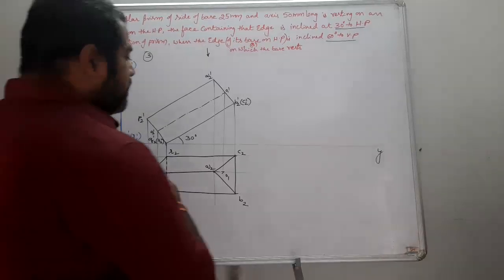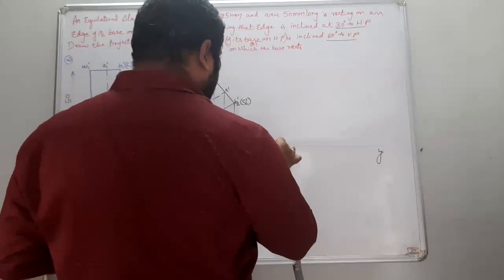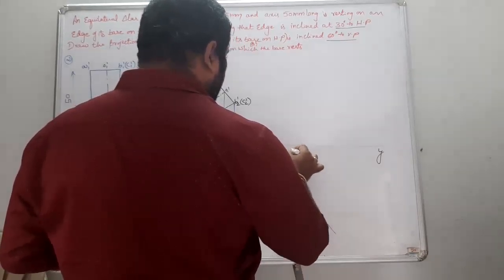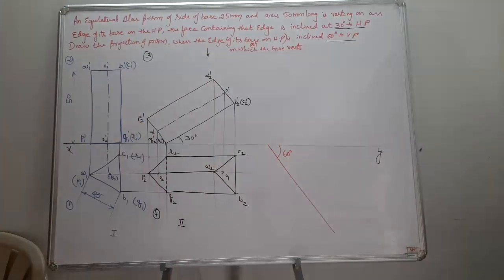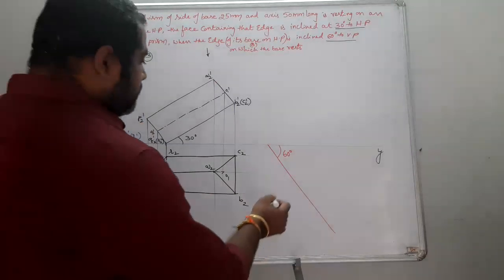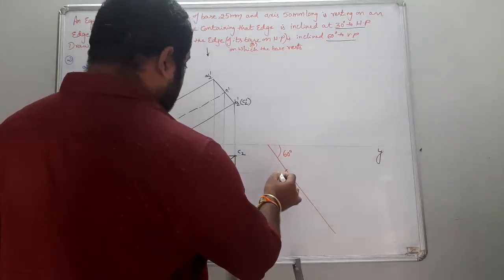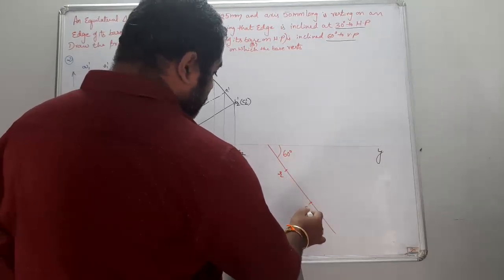So VP inclination comes below XY line. So I just draw a line of 60 degrees such that your QR is going to be on the, so this was your R and this was your Q.